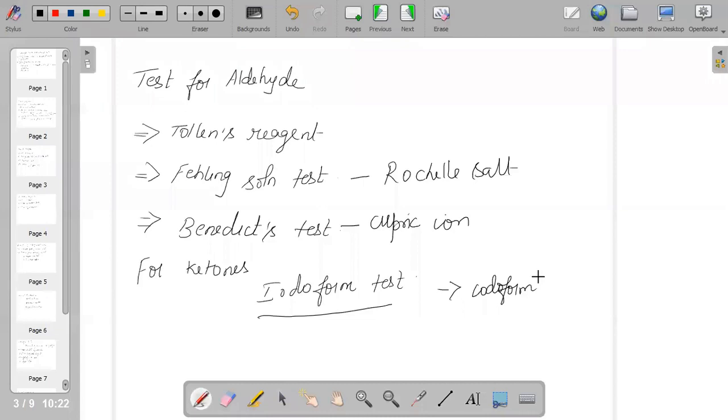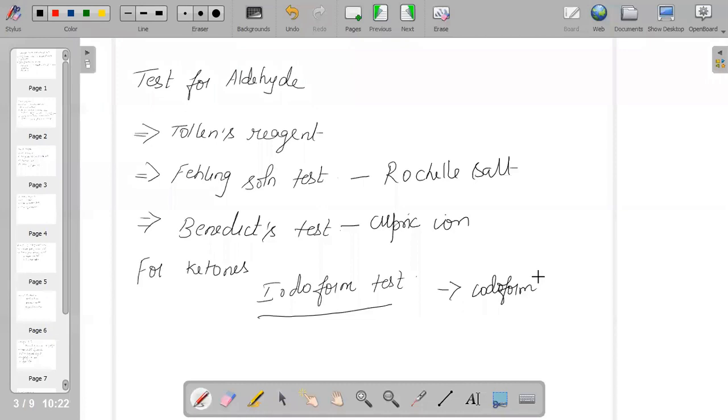Next we can talk about isomerism. These are the isomerisms which an aldehyde as well as a ketone can show: chain isomerism, position isomerism, metamerism, and functional isomerism.